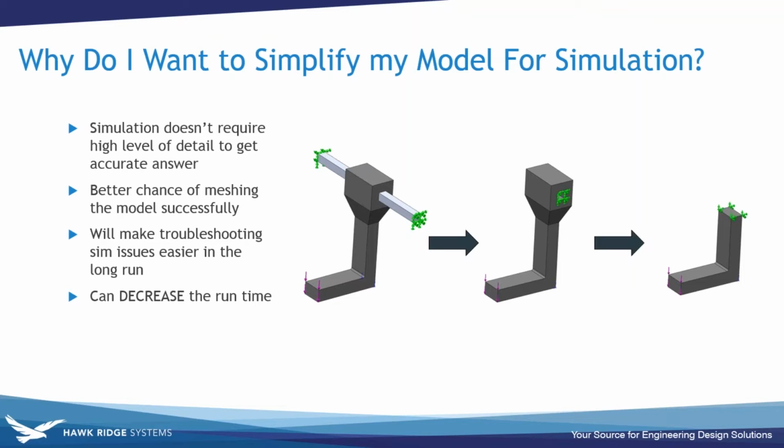Ultimately, the more simplified it is, the easier it is for the mesher to mesh the part or assembly. And related to technical support and troubleshooting, having a more simplified part or assembly will make troubleshooting sim issues a lot easier in the long run.